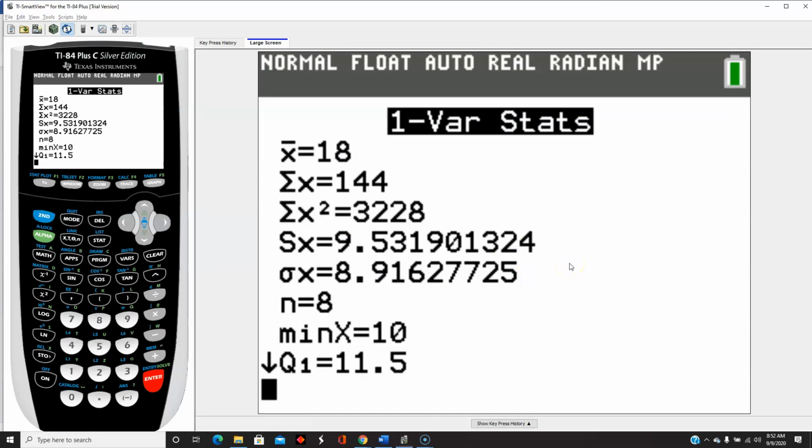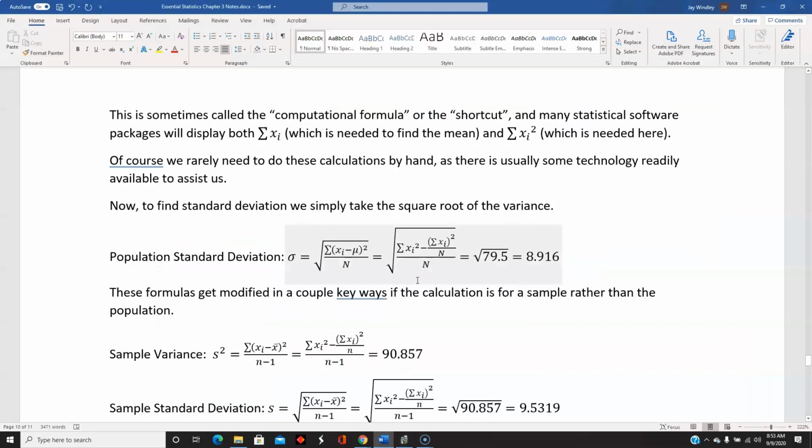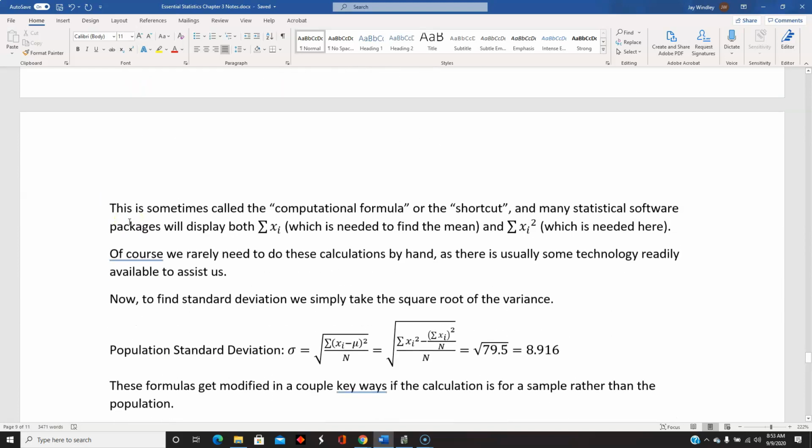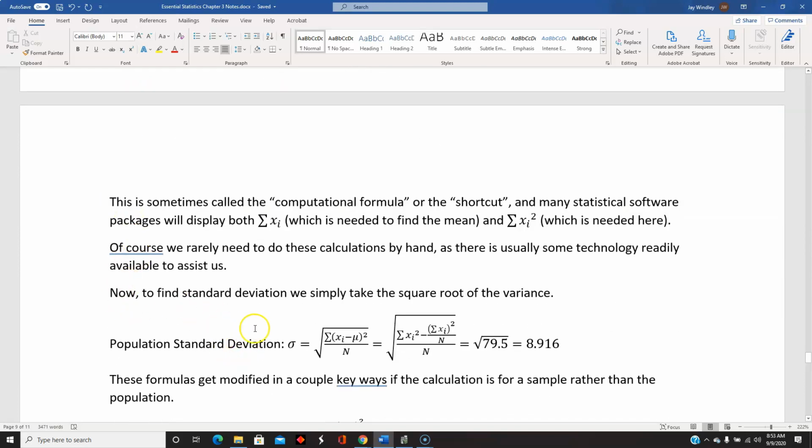And if I go back to my calculator printout, you'll notice here's sigma, 8.916. So like I said, usually we don't have to do this by hand, but it can come in handy sometimes to know how to do it by hand. So those are the formulas for population variance and population standard deviation.